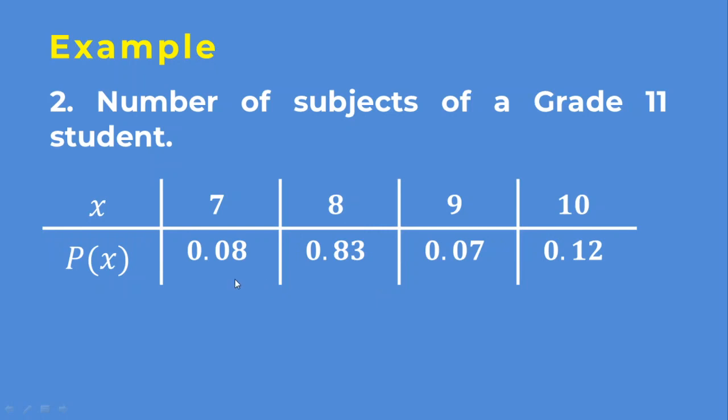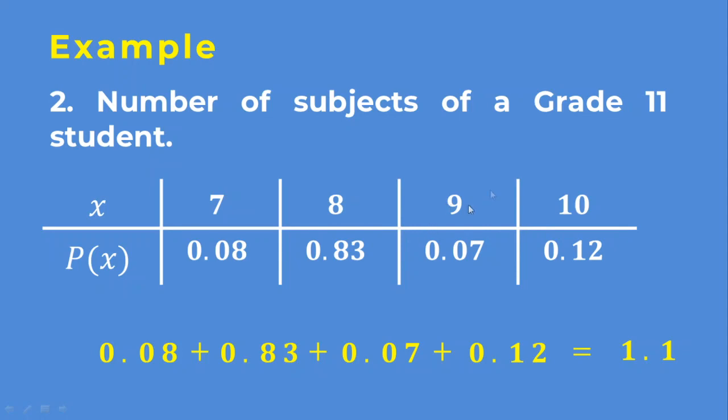So yung second property lang natin i-verify. So 0.08 plus 0.83 plus 0.07 plus 0.12, kapag pinag-add natin sila o kinuha natin yung sum, this will be equal to 1.1. So, lampas siya sa 1. Ibig sabihin, hindi siya probability distribution. Na-violate niya yung second property. So, this is not a discrete probability distribution.